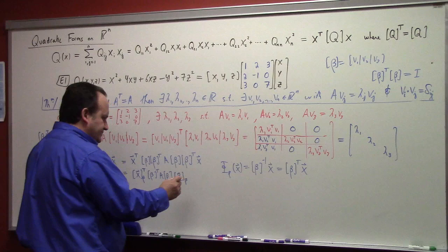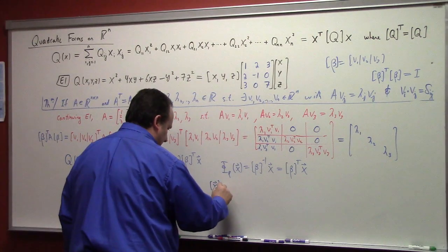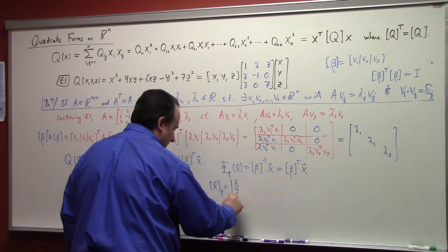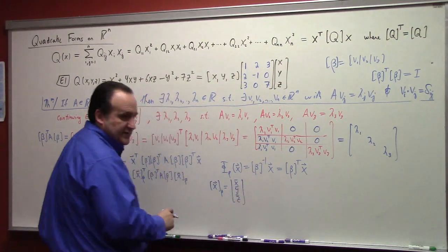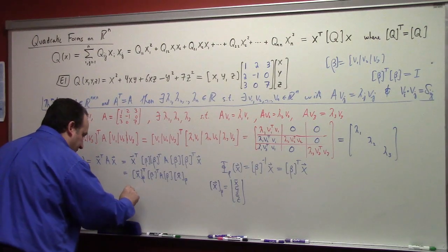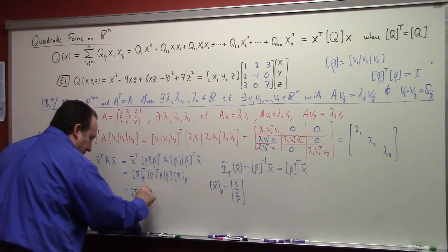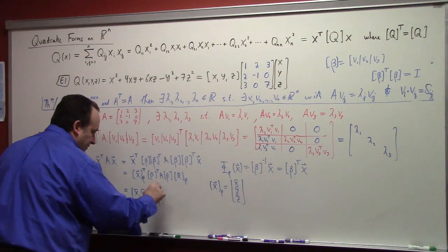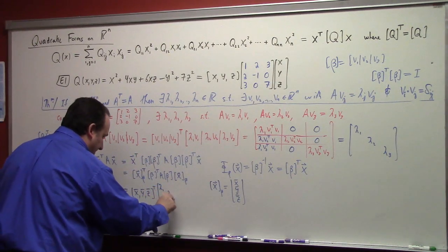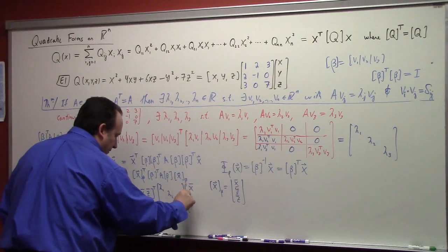And so if we invent some new notation, x bar, y bar, z bar, then this is just x bar, y bar, z bar transpose times this matrix, which we proved is diagonal, and then x bar, y bar, z bar.